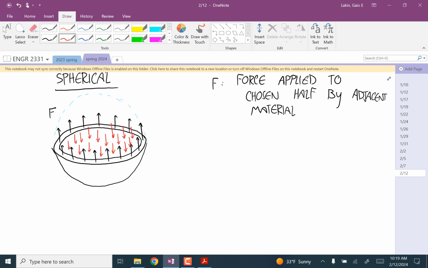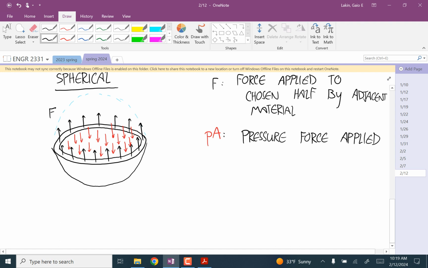Okay. So the red force is the pressure times the area in there. And that is the pressure force that's applied to the material in the bottom half.